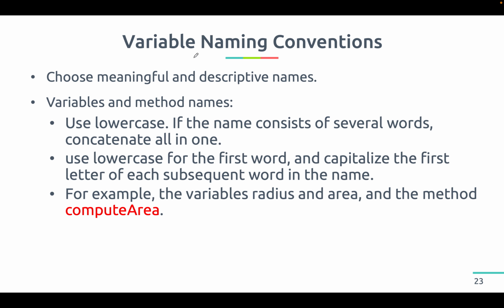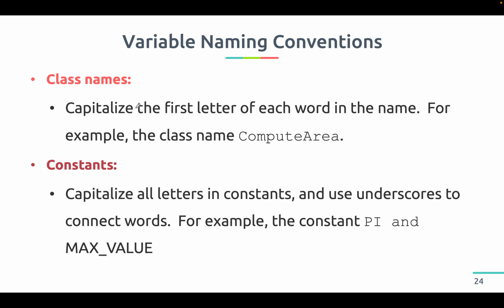And then the naming convention. We have to choose a meaningful and descriptive name. The variable starts with lowercase. We know that the convention is to use camel case, which is lowercase for the first word, and then the beginning of the second and third, and the rest of the words start with a capital letter, and then all of the other letters are small. What about classes?